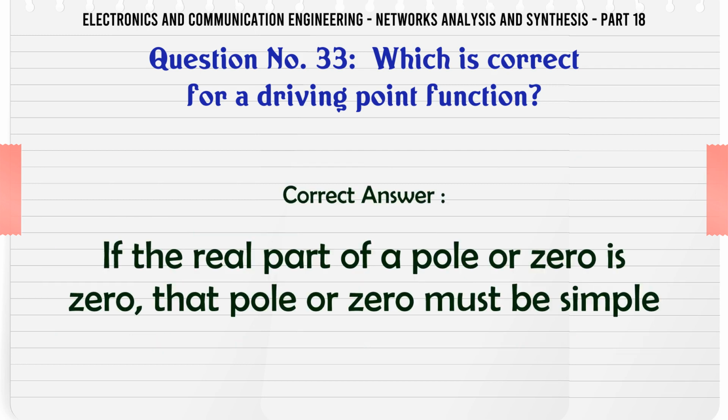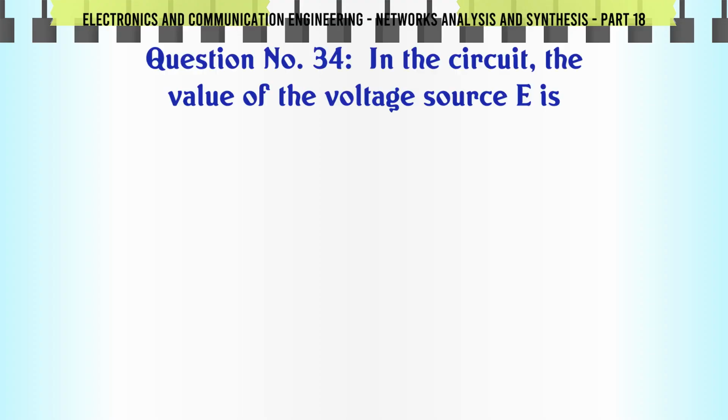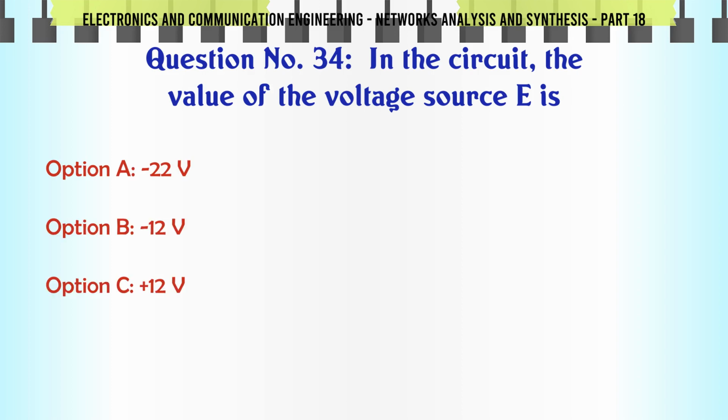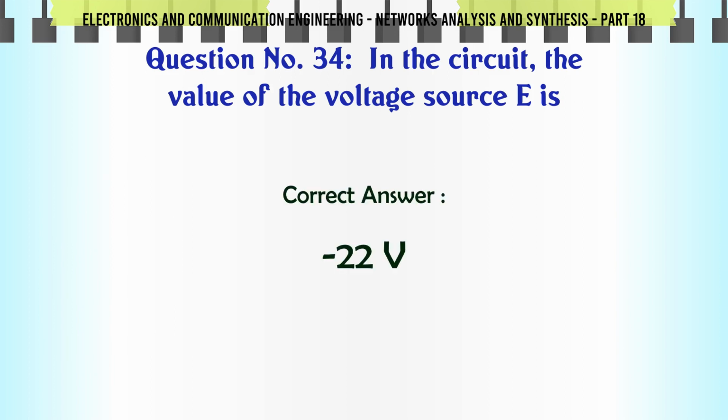The correct answer is if the real part of a pole or 0 is 0, that pole or 0 must be simple. In the circuit, the value of the voltage source E is A, 22V; B, 12V; C, 12V; D, 10V. The correct answer is 22V.